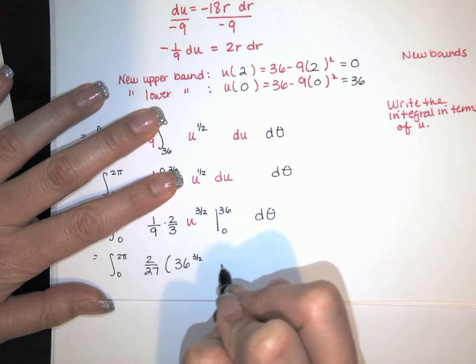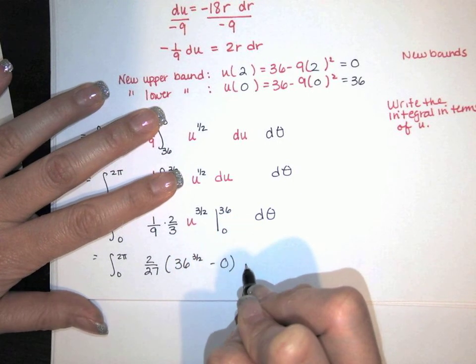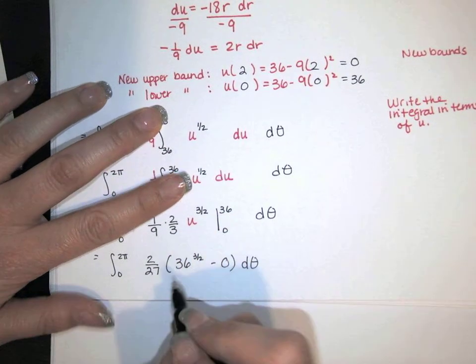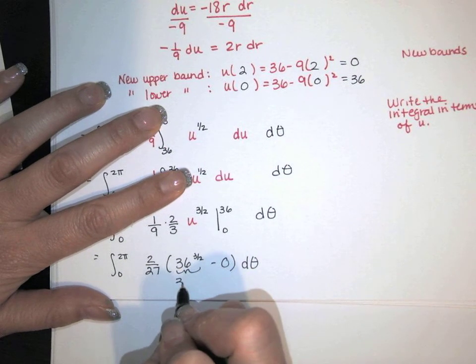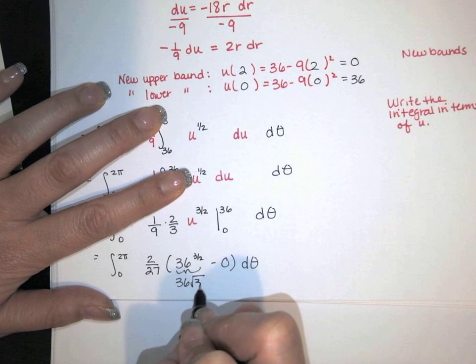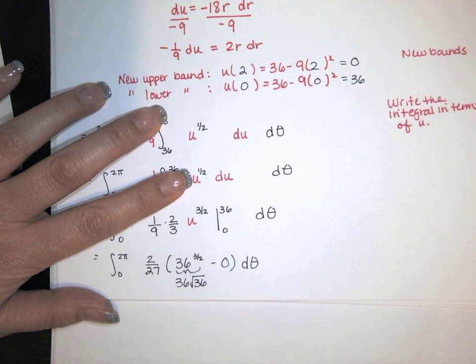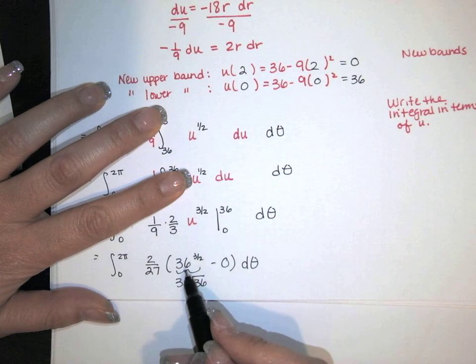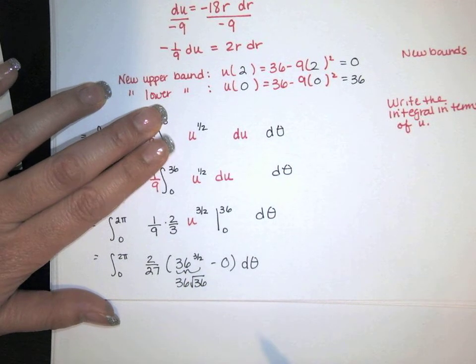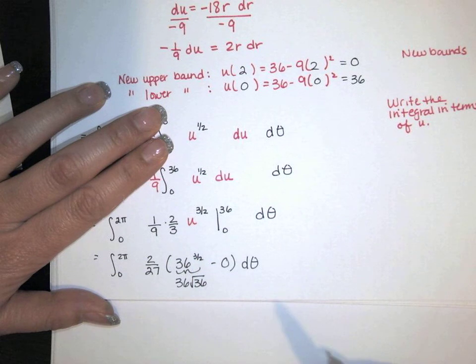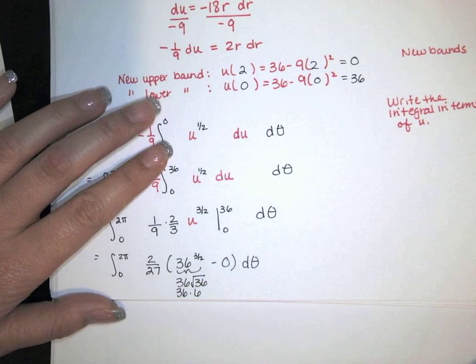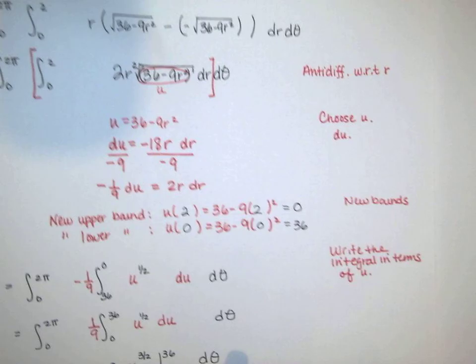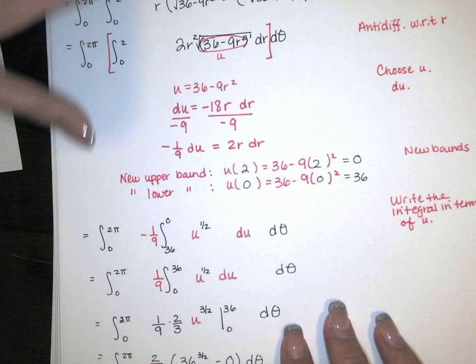Minus 0 to the 3/2, which is of course just 0. Now 36 to the 3/2 is 36 to the first times the square root of 36, as we've talked about before, because that's 36 to the first times 36 to the 1/2. The 1 plus the 1/2 gives you the 3/2. Anyway, talked about that a lot already this semester, so I'm not going to get into it too much.